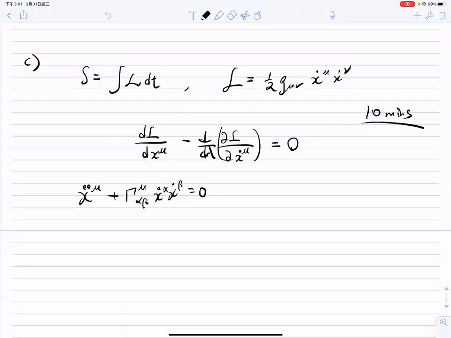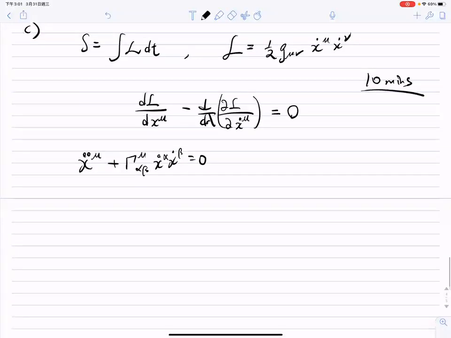It's actually the line element of the metric, right? Which is invariant for all of the coordinates. Yeah, exactly. Thank you, Hong Hong.